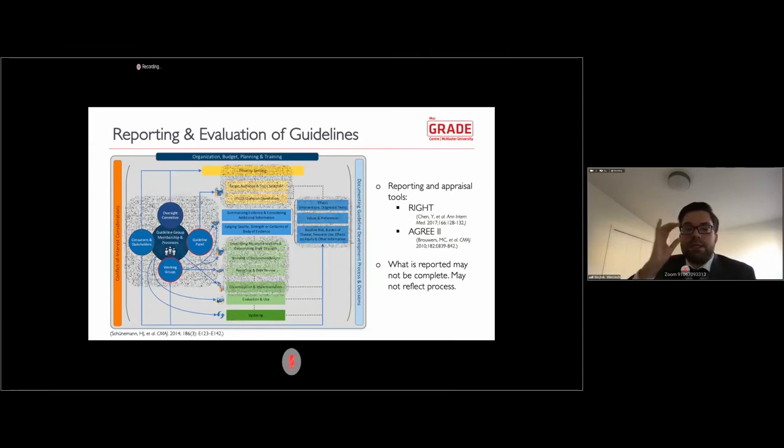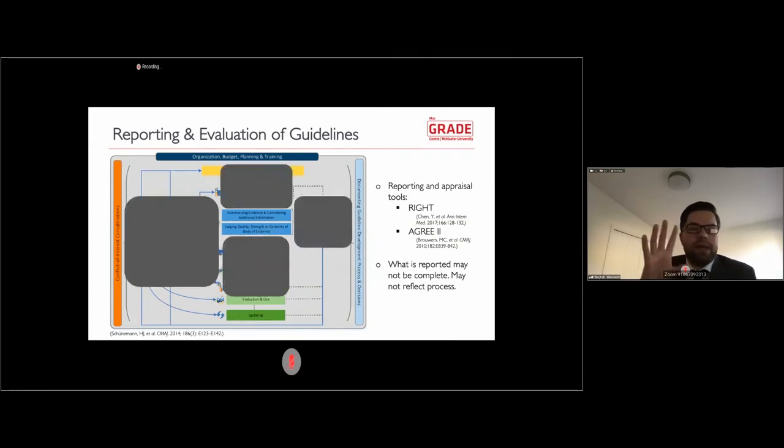So some aspects of the guideline development process become a black box for which we rely on the reporting of the guideline authors and need to evaluate whether the steps were done or not. So current instruments assessing the trustworthiness of practice guidelines rely on the authors' report or on reports of the organization or manuals.